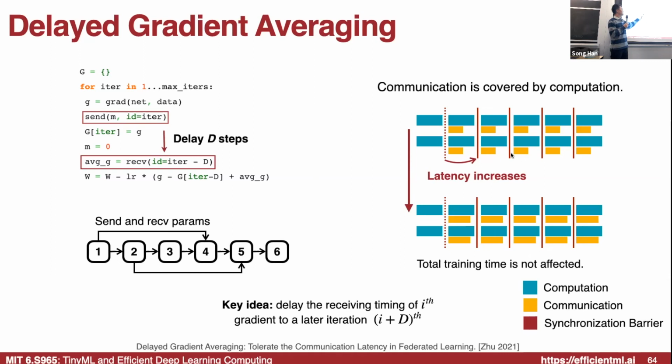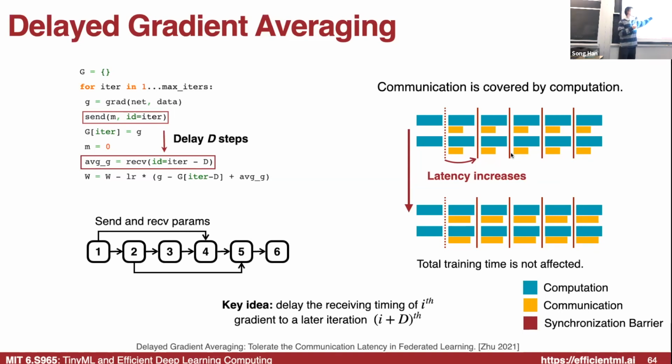So here we apply our own gradient, and we receive the average gradient from d times ago. And we have to subtract our own gradient from d times ago, which is in this list, where we maintain a local copy of the gradients.